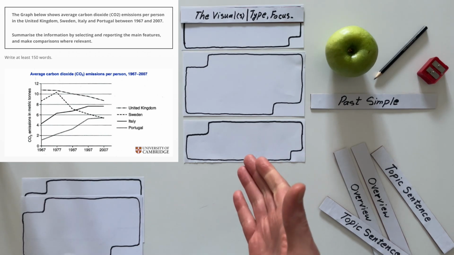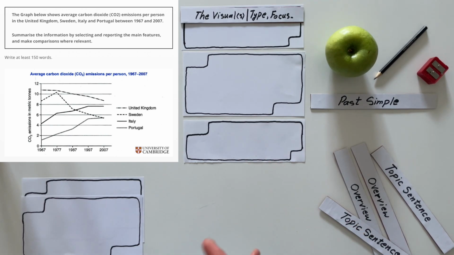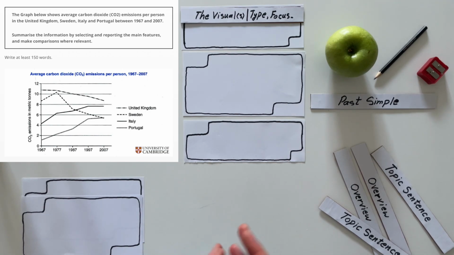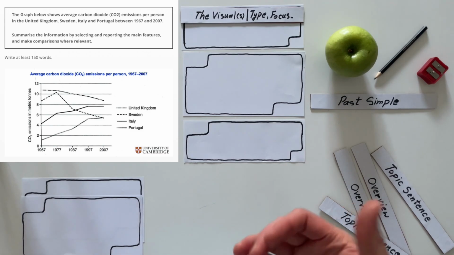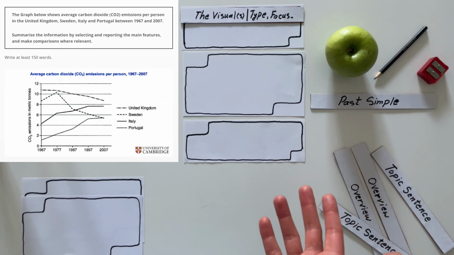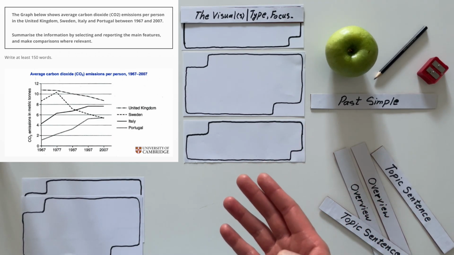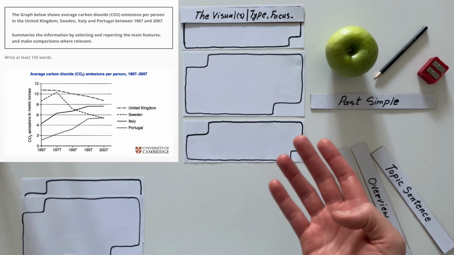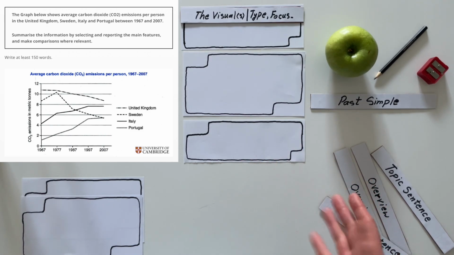So you can look at the data and you can see what happens. So we do have data in between these years. What else limits us? The countries. It's not about all the countries on the planet. The chart actually is all about 4 countries. United Kingdom, Sweden, Italy, Portugal. Done.